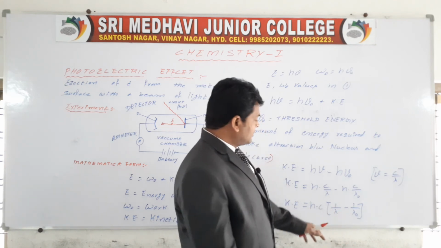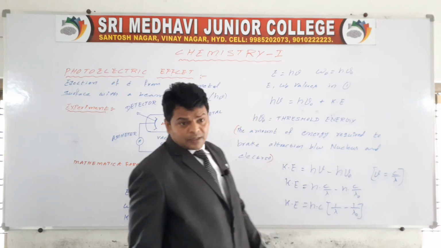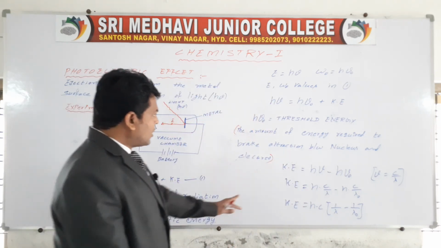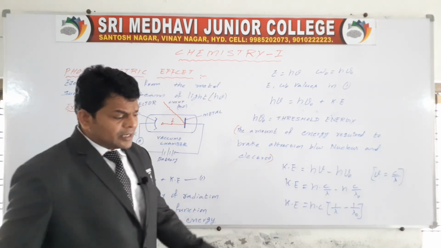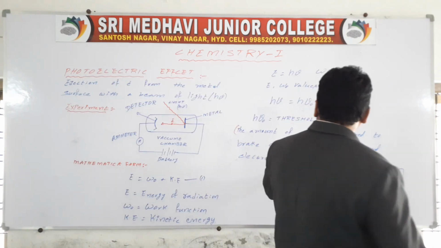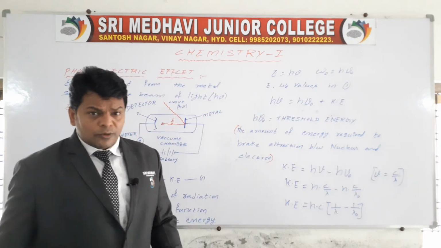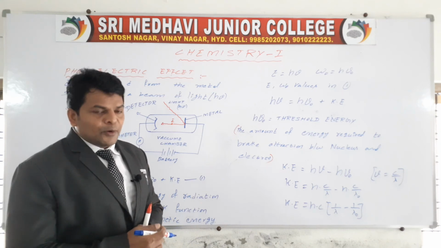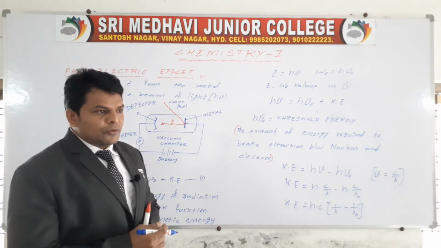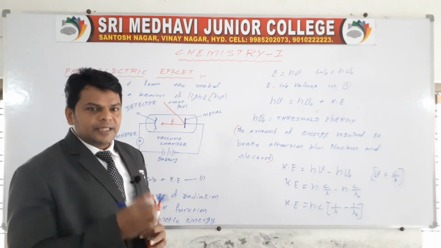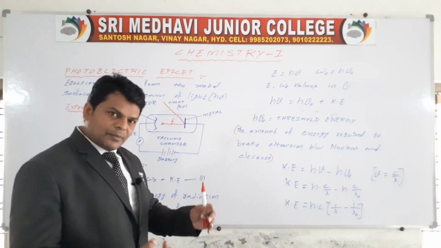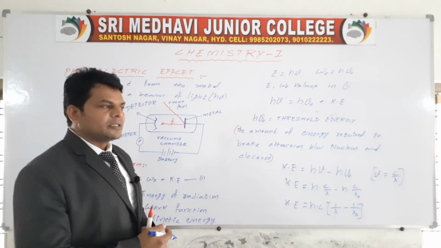a wavelength, and lambda naught is a threshold wavelength. Then here you have to know an important note: nu is greater than nu naught, then only ejection of electrons can take place from the metal surface.